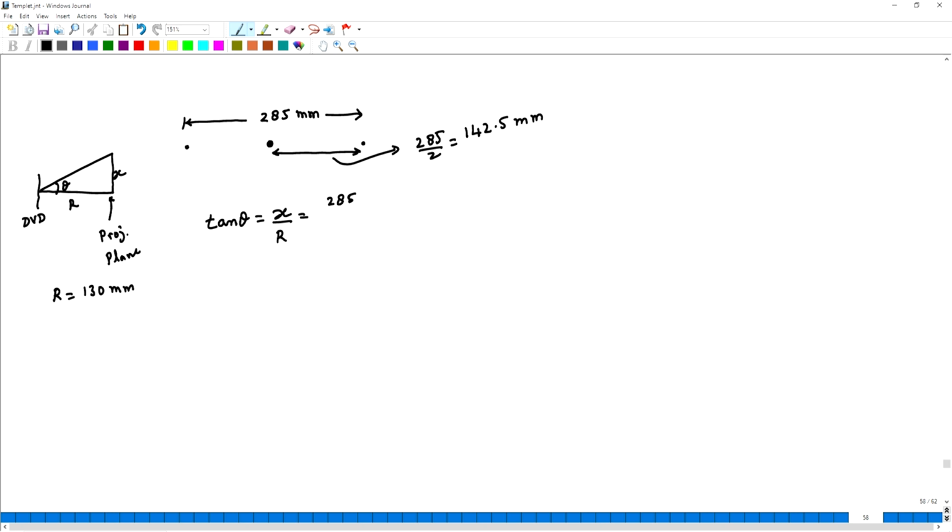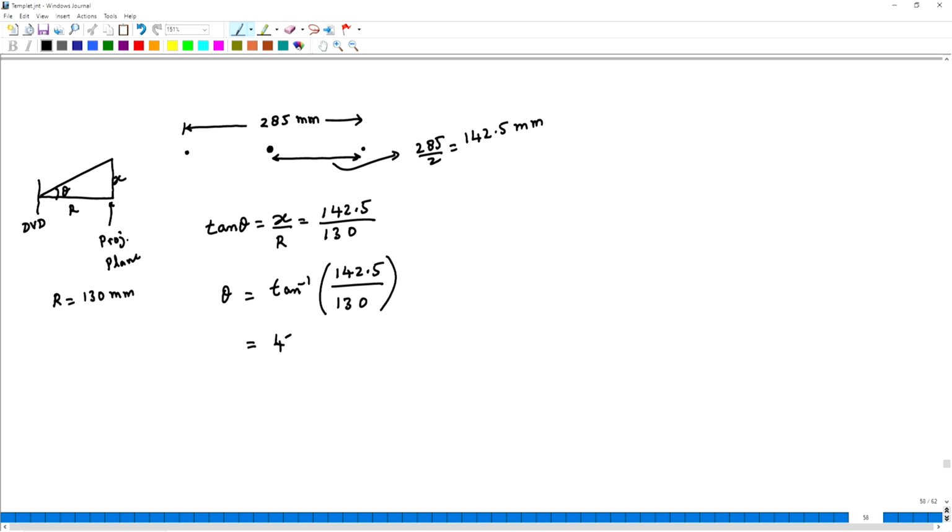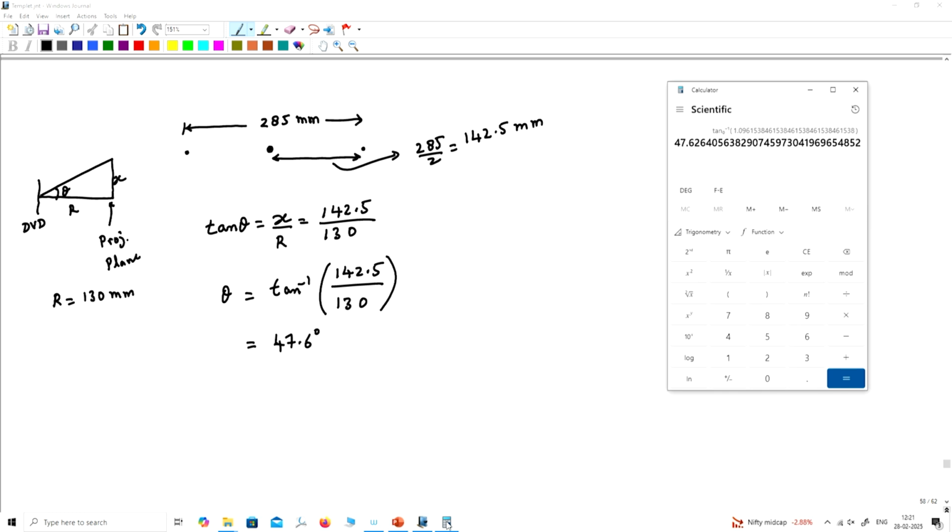So, tan theta is 142.5 divided by 130, or theta equals tan inverse of 142.5 divided by 130. This gives us a value of theta of 47.6 degrees.